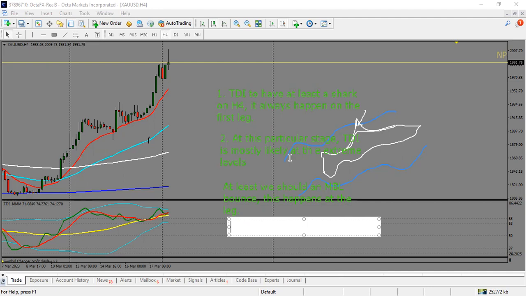Now, if you see the characteristics of a reset very well, a buyback or a sell back for a reset, you notice that market movement on that particular side is always very fast. And most likely there is no consolidation in between that movement.